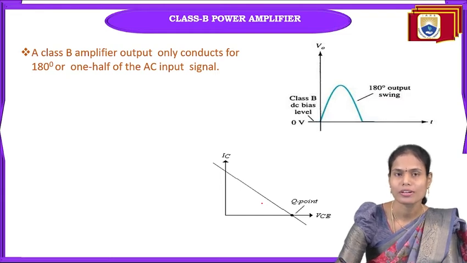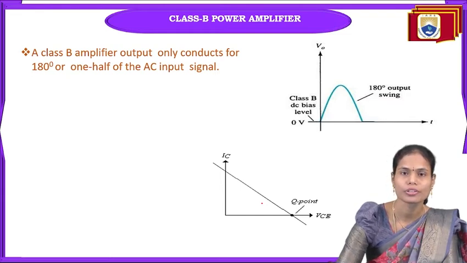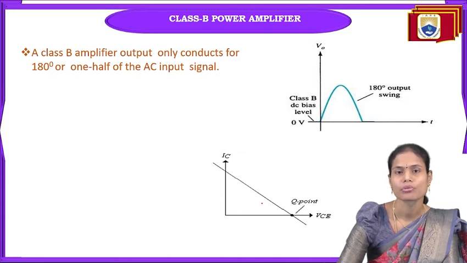But the class B power amplifier utilizes only half of the applied AC input signal, that is, till 180 degrees only the amplifier accepts the signal. So we have to design the power amplifier to take only half of the applied input signal. To get half of the input signal, we have to keep the operating point at the cutoff region of the transistor.